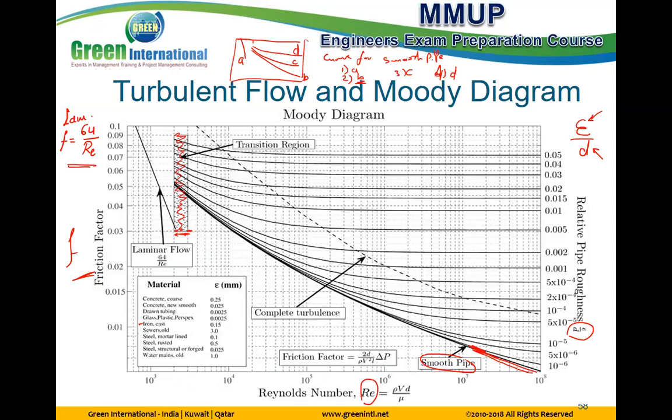What is your question for turbulent? Turbulent starts from a Reynolds number of 4,000. Okay. Any more questions? In this drawing, where does turbulent start? It starts from this curve here.